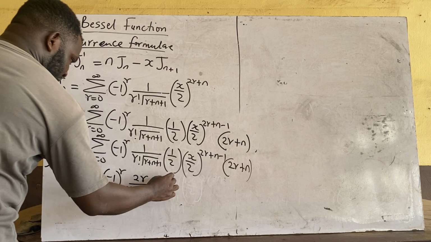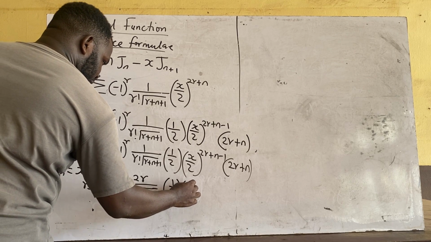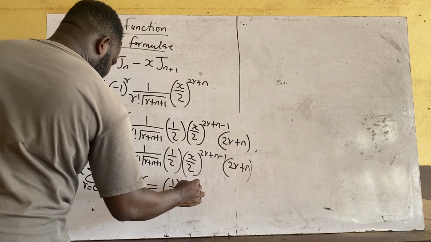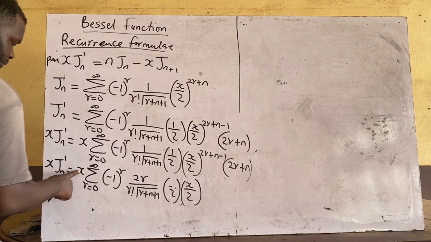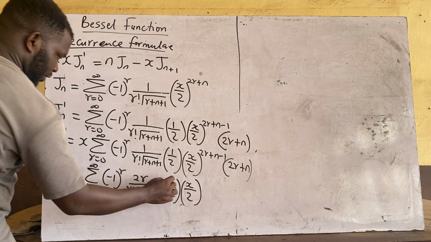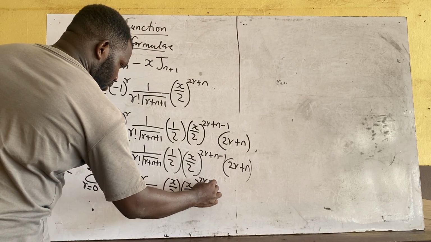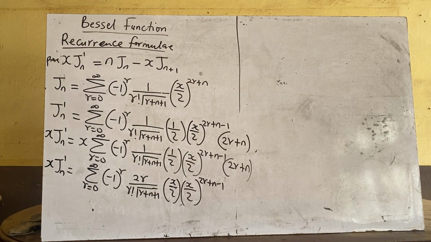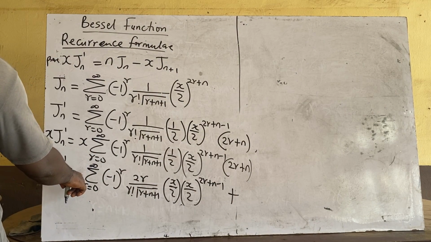Then I'm having 1 over 2 here, then x over 2. This time this is giving us x over 2 raised to power 2r plus n minus 1. Okay, so have I multiplied everybody? Yes. So it's going to be plus the same thing again, but multiplied by n.